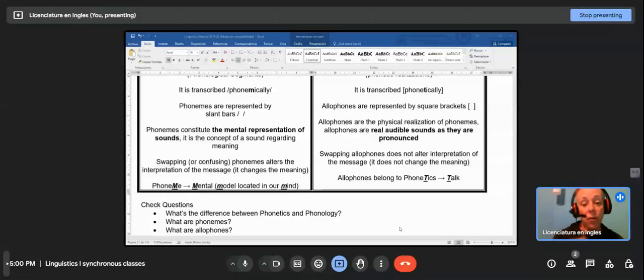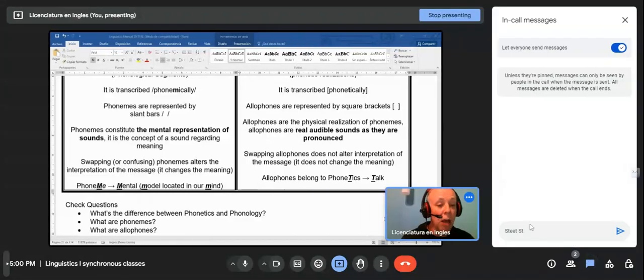If we change phonemes, the interpretation of the message changes. And I will write that in the chat section. Notice that if I write, for example, bed, this is one word. But if I change one phoneme, one sound, and I say pet instead, the meaning changes. Bed and pet are two separate words, two separate meanings.